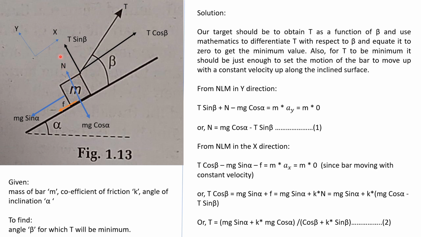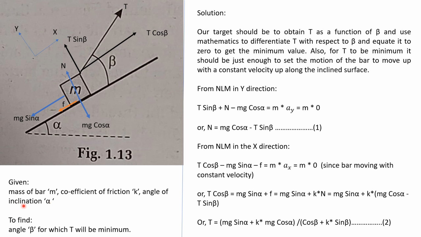So if N is decreasing, the friction force which comes due to the movement of the bar up along the inclined plane will be minimum, right? So our target should be to obtain T as a function of beta, differentiate it and equate it to 0 to get the minimum.